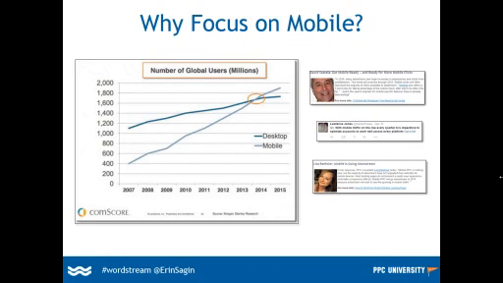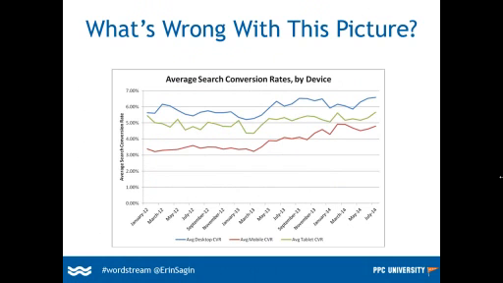So we know that more traffic coming in through paid search from Google is mobile than it is desktop. So if you're not in this space, it's time to start thinking about whether you need to be in this space, which almost everyone does, and how to actually do it the right way. And what we see is a lot of people are doing it the wrong way.